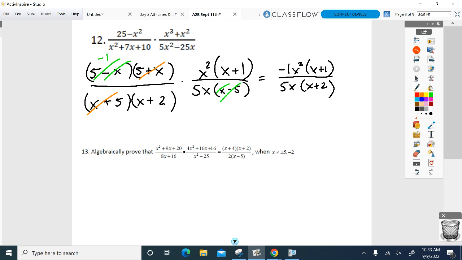So I'm getting rid of those and left with 1 on top. Exactly. So here's my final answer: negative 1 times x, times x plus 1. And on the bottom, 5 and x plus 2.